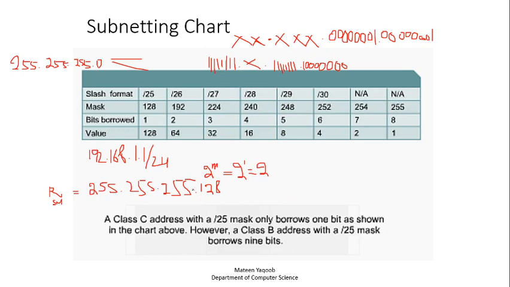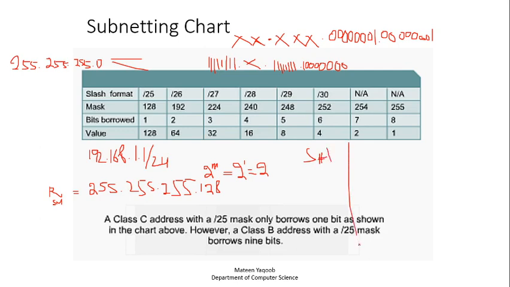How it has been divided: the starting IP address of the first subnet will be from 192.168.1.1 to 126 and to 127, and the second subnet will have, so I will basically write it down here.